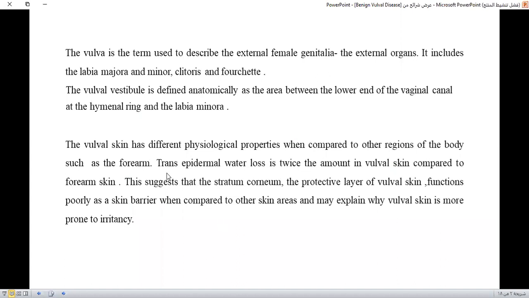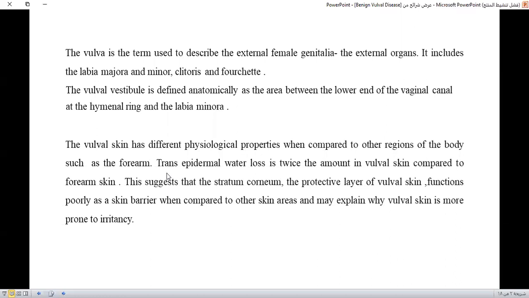When we say vulva, this means the external organs, including labia majora, labia minora, clitoris, and fourchette.